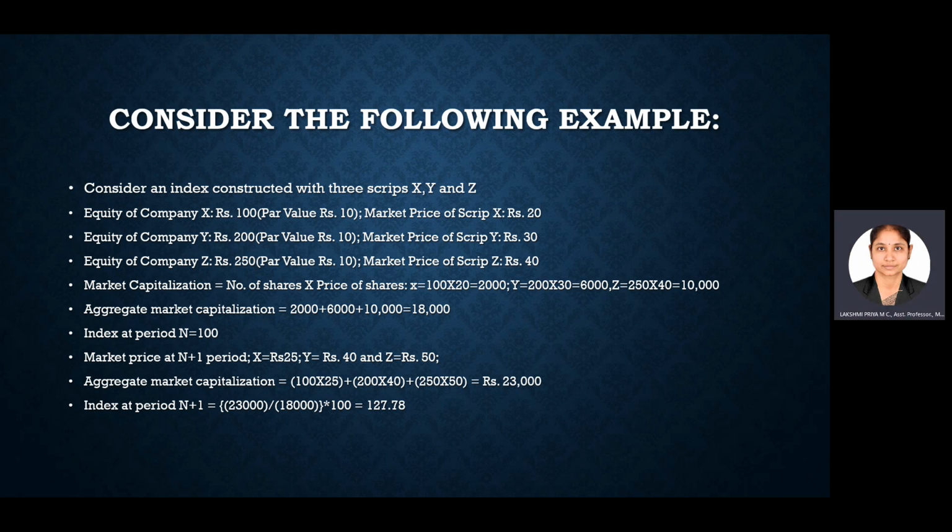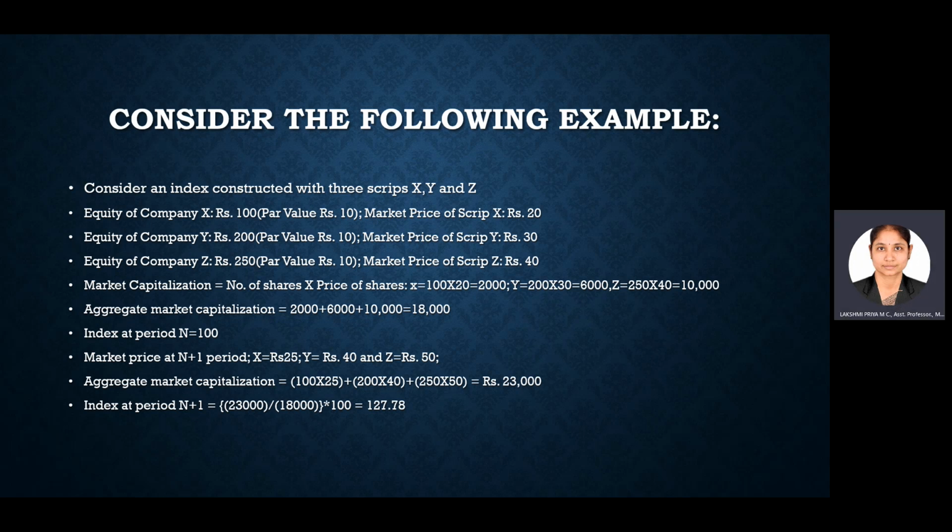The equity of company Y is rupees 200, par value is rupees 10 and market price is rupees 30. Equity of company Z is 250, par value is 10 rupees, market price of the script is rupees 40.